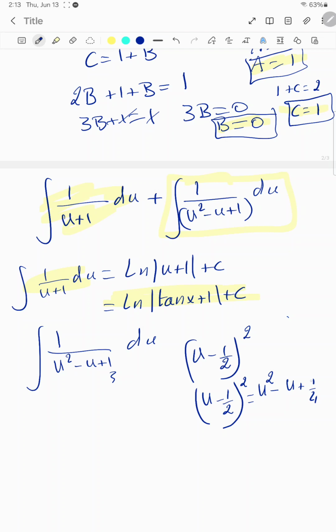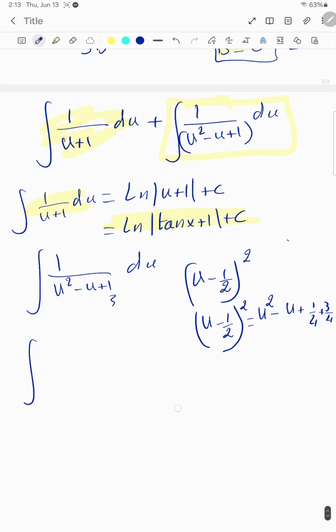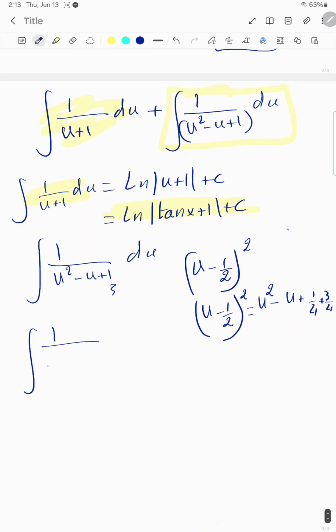But I want the 1 over 4 to become 1, so I add to it 3 divided by 4. So my denominator becomes 1 divided by u minus 1 over 2 squared plus 3 divided by 4 du.